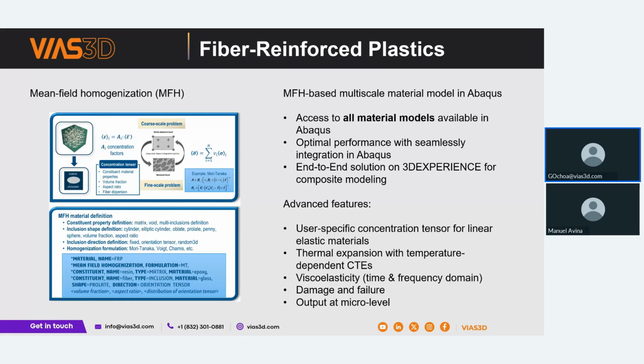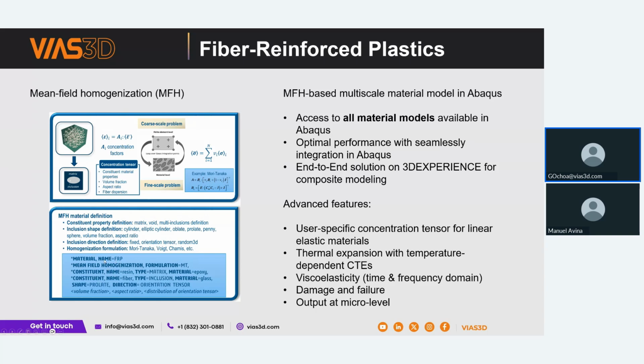That's how the mean field homogenization method is working. So on the bottom left side of the slide, for those who are familiar with Abaqus keywords, I'm mentioning this because today we're focusing on MODSIM, but if this is needed for a traditional Abaqus workflow, these are the keywords that allow for this.